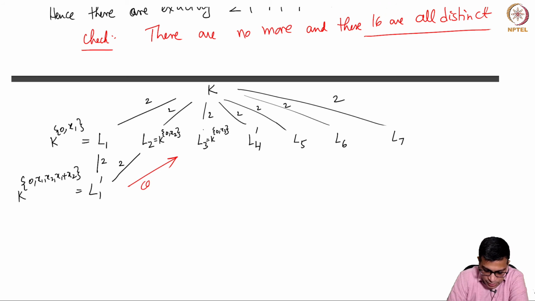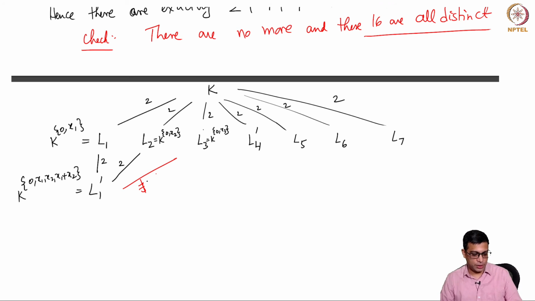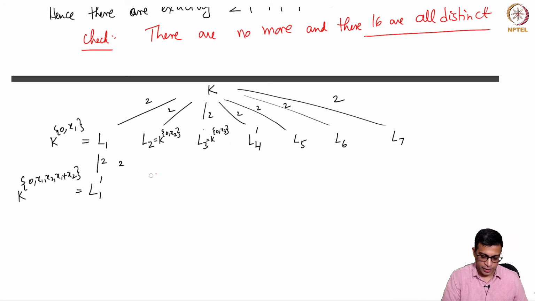This can't exist. There is no line here, right? Because 0x3 is not contained in this. This is the application of the main theorem. The only way that you will have an inclusion is if there is a reverse inclusion of the groups. 0x1 is contained in this, so L1 prime is contained in this. 0x2 is contained in this, so this will be contained in this. So there is nothing here.